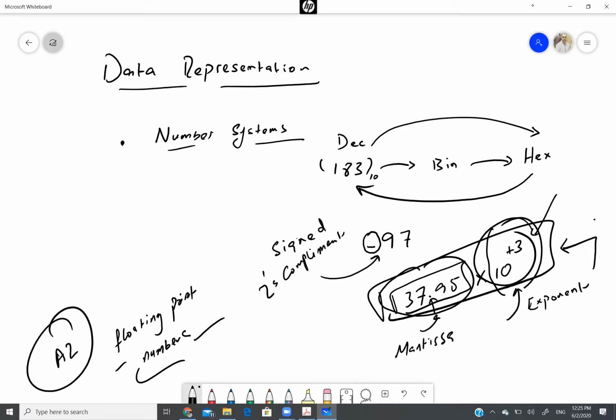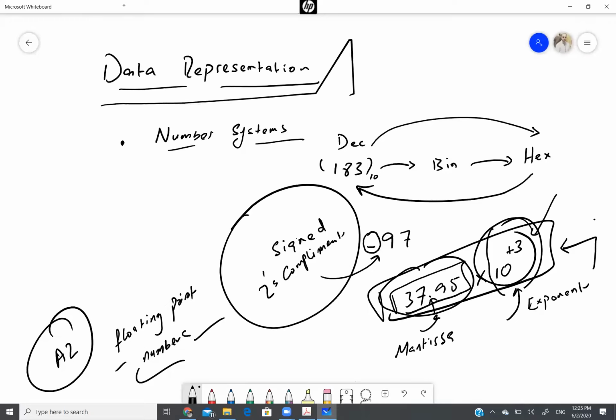And if we need to move the decimal portion towards the right or left, that should be available in binary number systems as well. So in two's complement, in data representation in A2, we will be talking about not only signed numbers, but also floating point numbers, including mantissa and exponent.